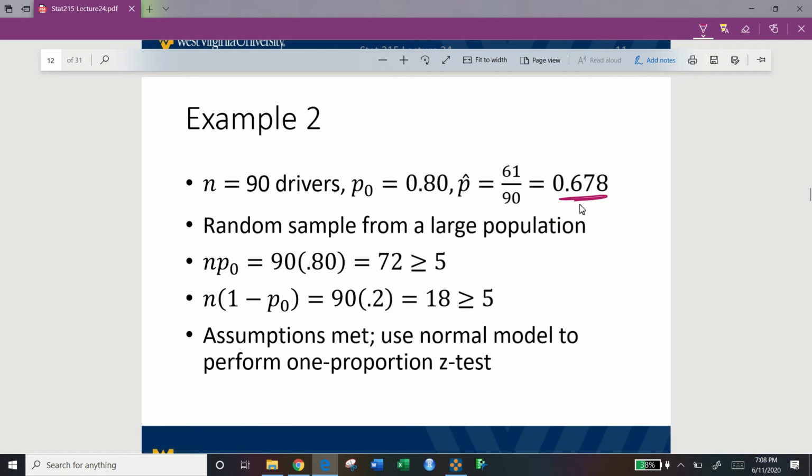To check the rest of our assumptions, with n times p naught and n times 1 minus p naught being greater than or equal to 5, we can see that 90 times 0.80 is going to equal 72, and 90 times 0.2 is going to equal 18. Both of these values are greater than or equal to 5, so this means our assumptions have been met, and it's okay to use the normal model to perform our one proportion z-test.